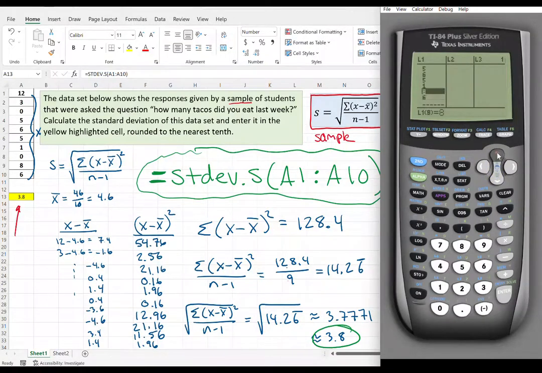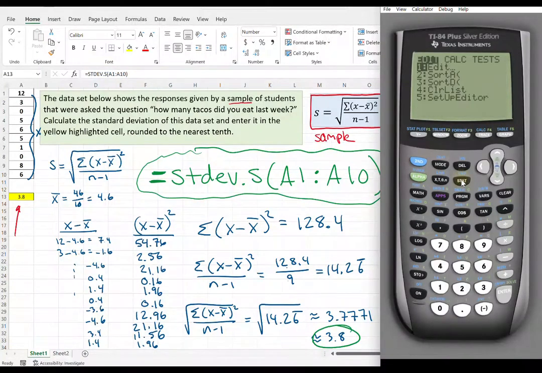Let's just double check to make sure they're all there. 12, 3, 0, 5, 6, 5, 1. Oop, forgot the 0. 0, 8, and 6. Okay, so I have in list, this is L1, list 1. So I have those 10 numbers typed in.